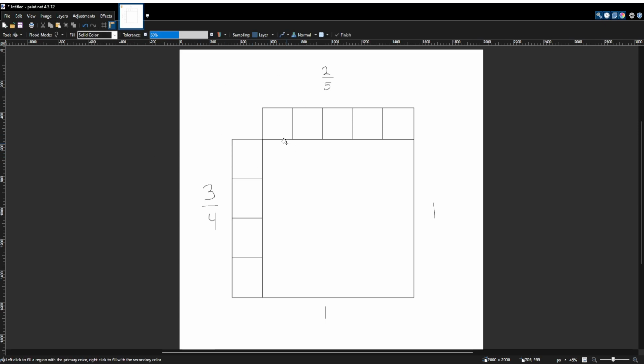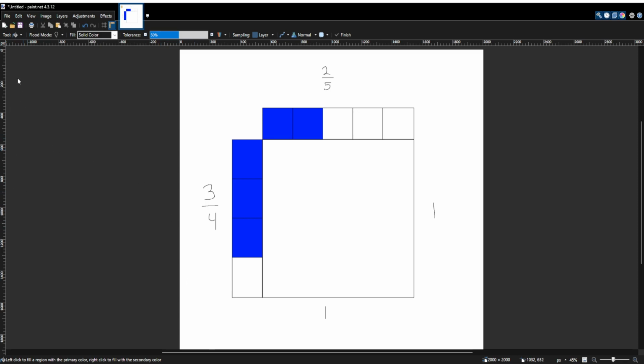So now, if I were to fill in this area here as being 2 of my 2/5, and this as being 3 of my 3/4, then we can see that we have 3/4 of this rectangle and 2/5 of this rectangle. Now, with our area model, right, we multiplied the length of the top by the length of the bottom.